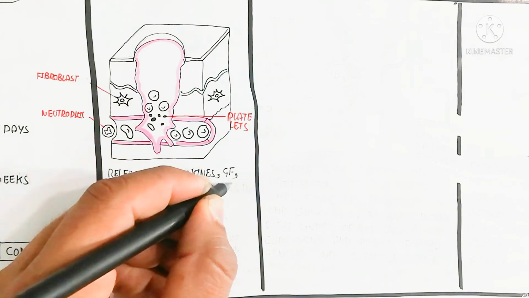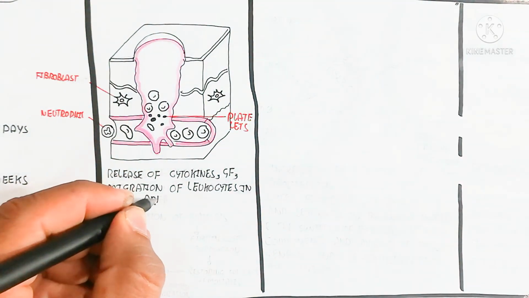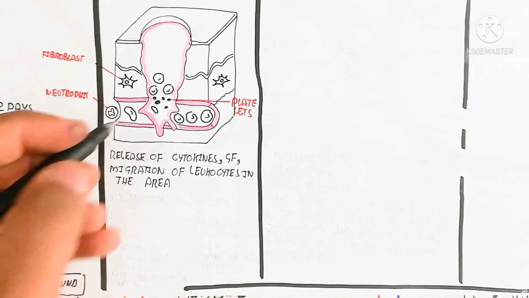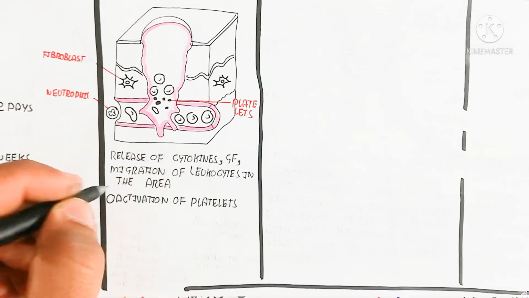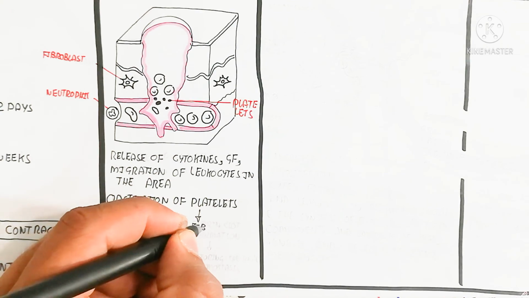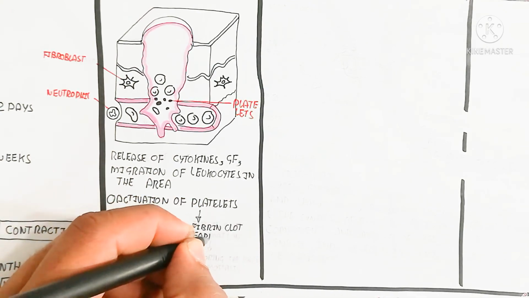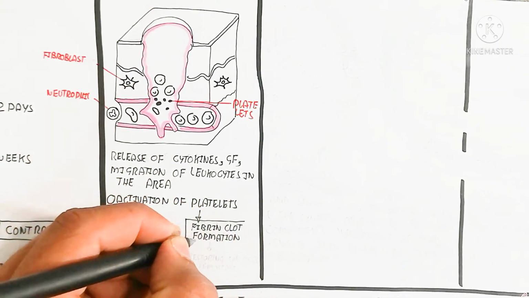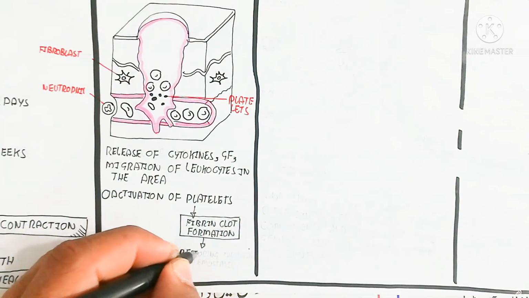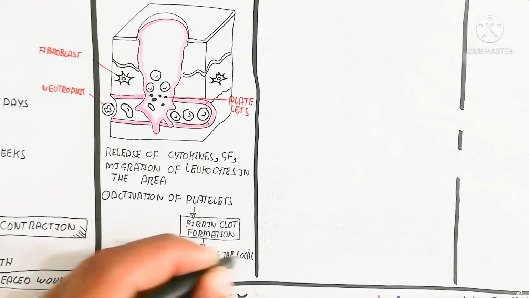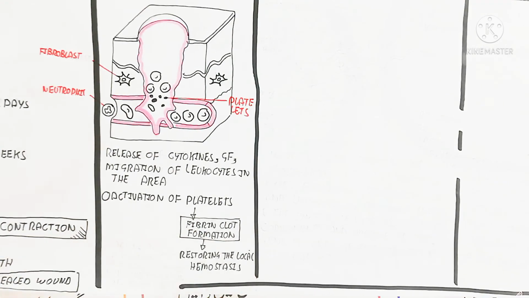The fibroblast is important during wound healing, as we will discuss. There is release of cytokines and growth factors from the wound site, and migration of leukocytes toward the area.